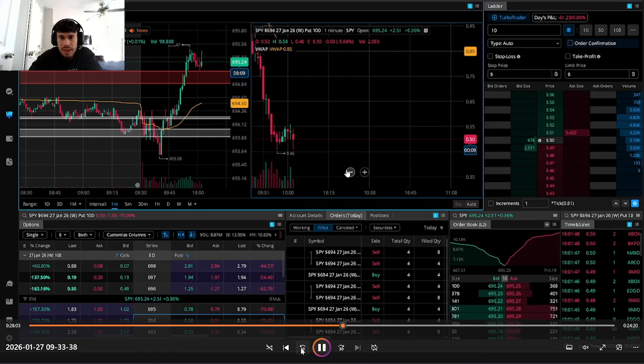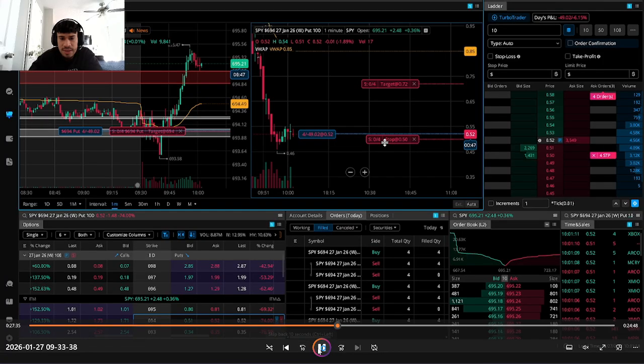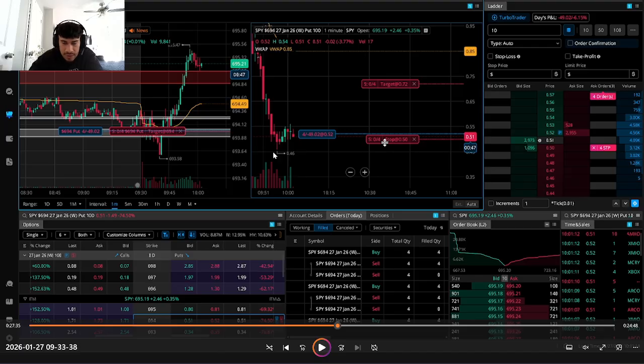This would have been a much better idea. But the reason why I got stopped out is because, as you guys can see, I moved my stop up from my original stop loss, which was at 47 cents. This was the emotional side of the trading. I didn't hit my 1 to 1, my 1.5 to 1.